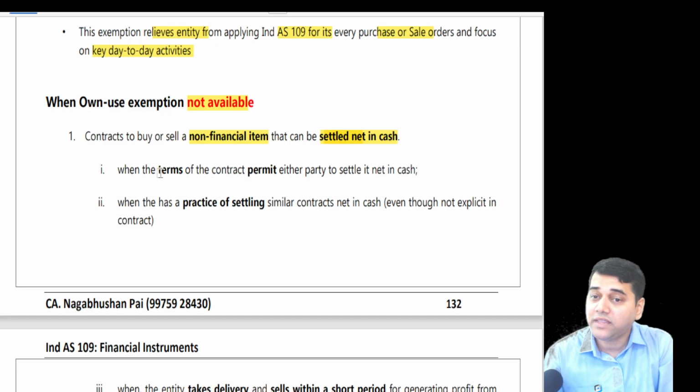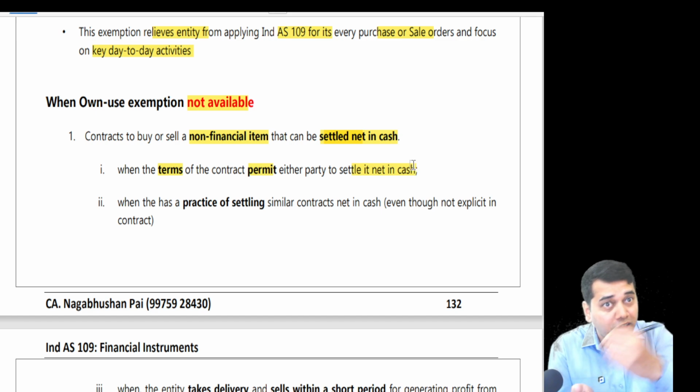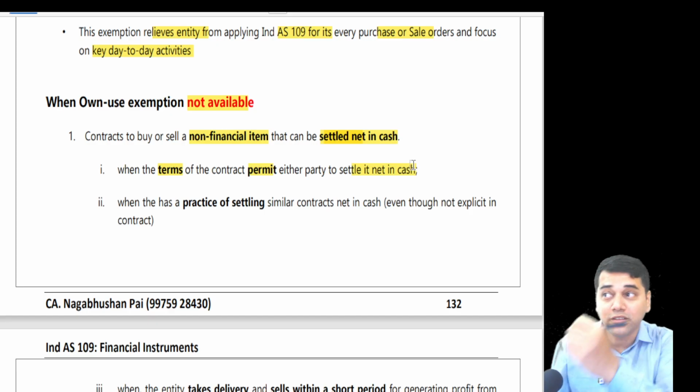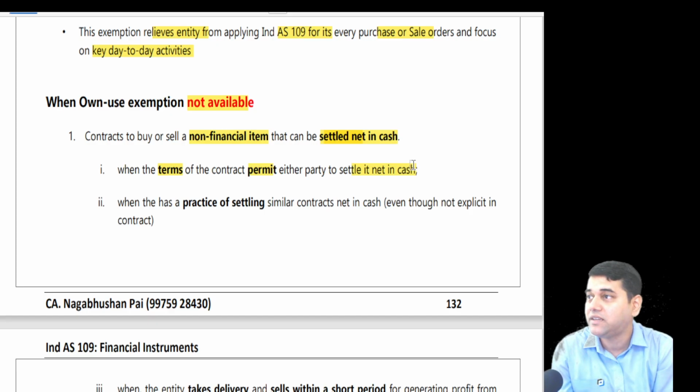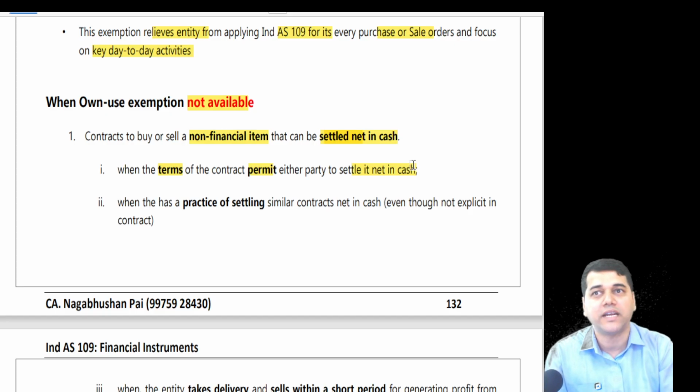See, when the terms of the contract permit net settlement, that means one clause exists. That clause says, okay, if any one of the parties doesn't want the delivery, they can offer net settlement. Such type of contract, have you seen? Say you tell one rickshaw guy, tomorrow midnight, 1 o'clock, you come to the railway station to pick me.